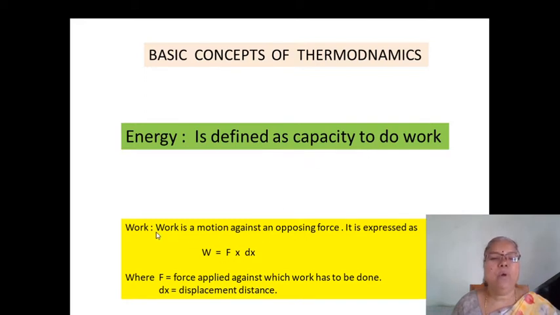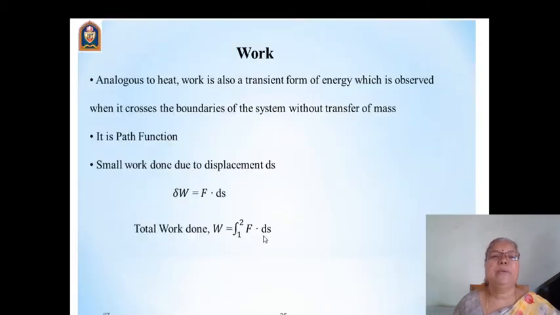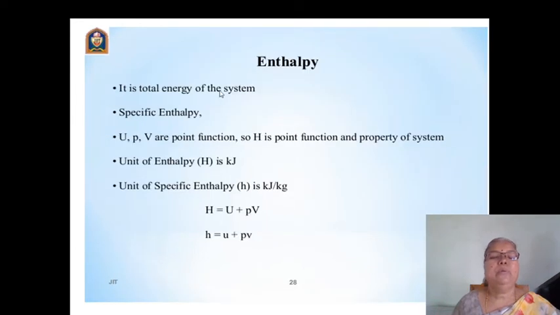Work means motion against an opposing force, and it is expressed mathematically as W equal to force F into small displacement. Then you have learned the next thermodynamic term, enthalpy. Enthalpy is the heat content of the system.